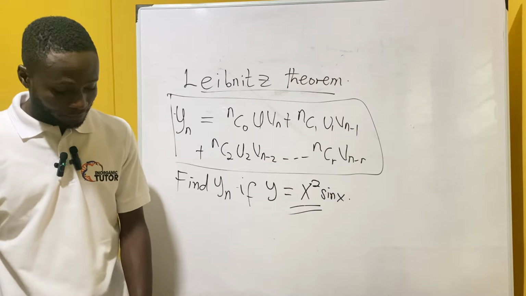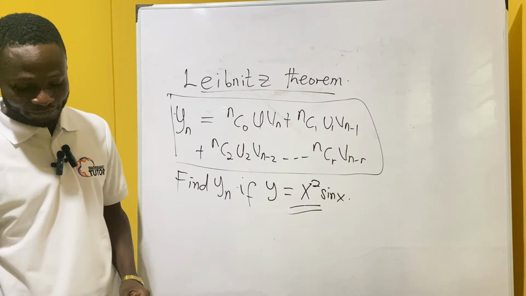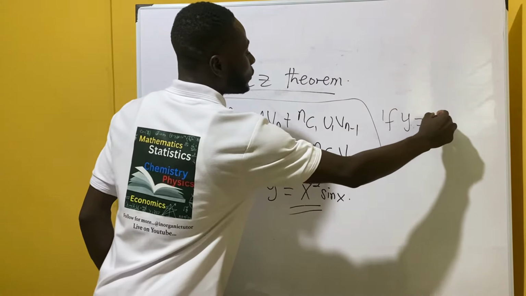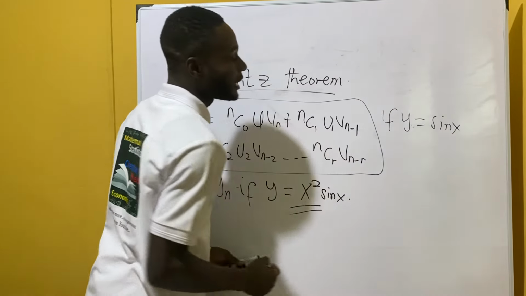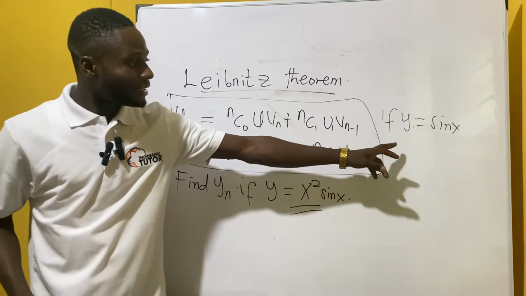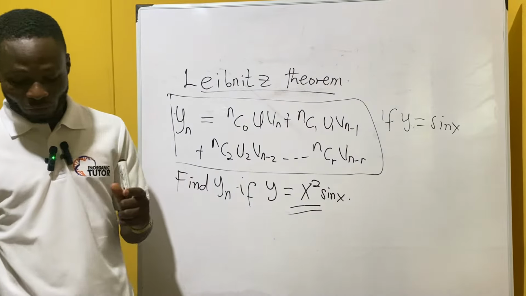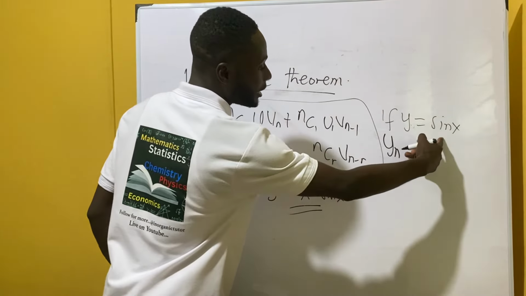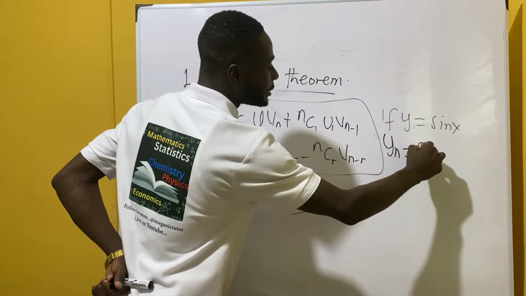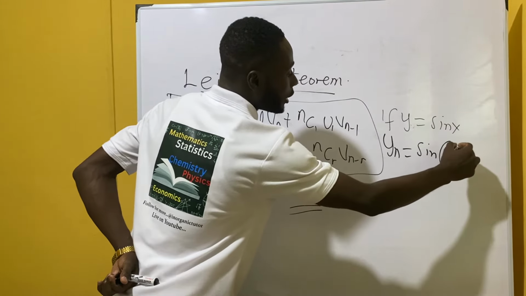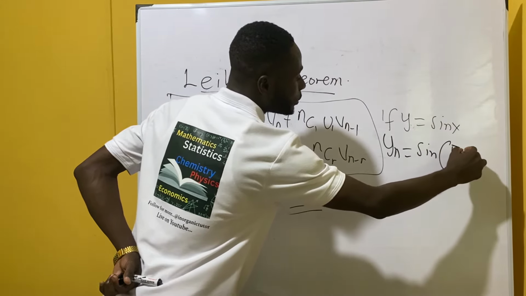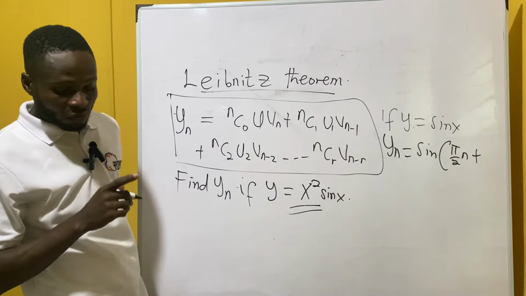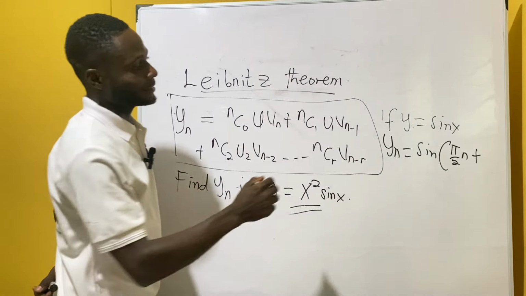Leibniz says that if y is equal to sine x, then the nth derivative of sine x is going to be sine of (n pi over 2 plus x).